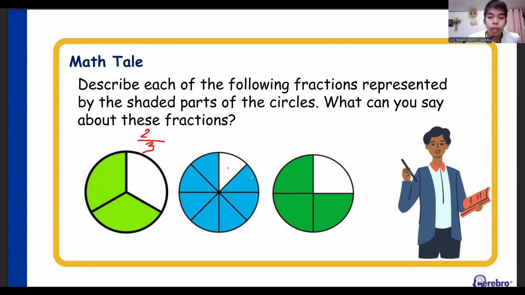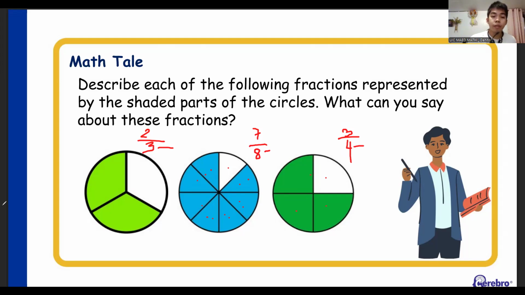This one we got 1, 2, 3, 4, 5, 6, 7, 8, 8 as our denominator, and then we are given 1, 2, 3, 4, 5, 6, 7, 7 shaded parts. Ito naman we have 3 shaded parts and then there are four parts in total. Okay? So, as we observe, iba-iba sila ng denominator.